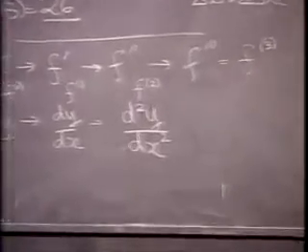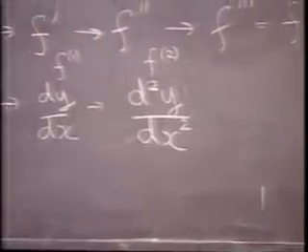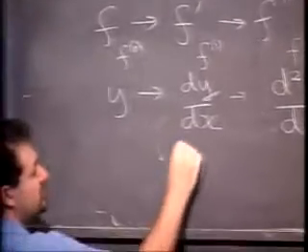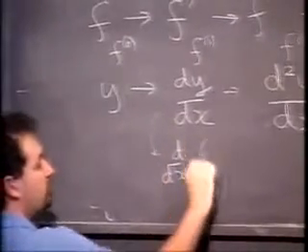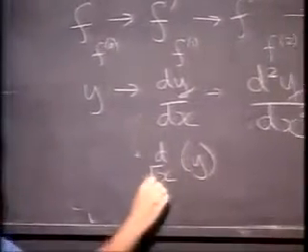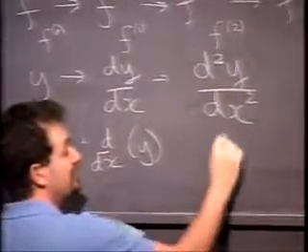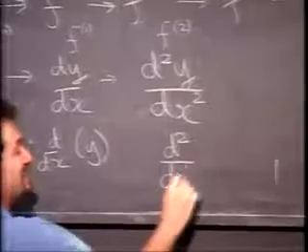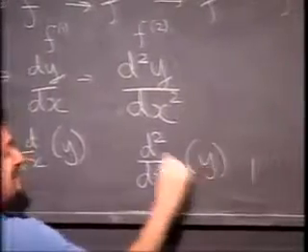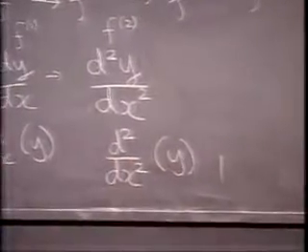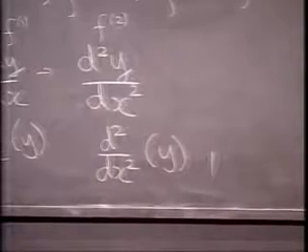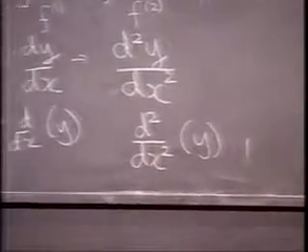Why would you write the 2 like this? Well, another way this can be written is d dx of y, which means the derivative with respect to x of the quantity y. And so this would be written d squared dx squared of y, the second derivative with respect to x of y, and so on, d3y dx cubed, etc.